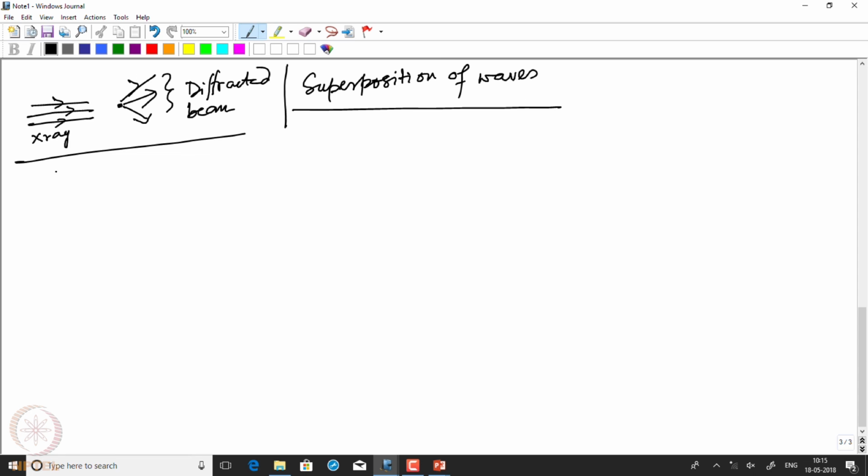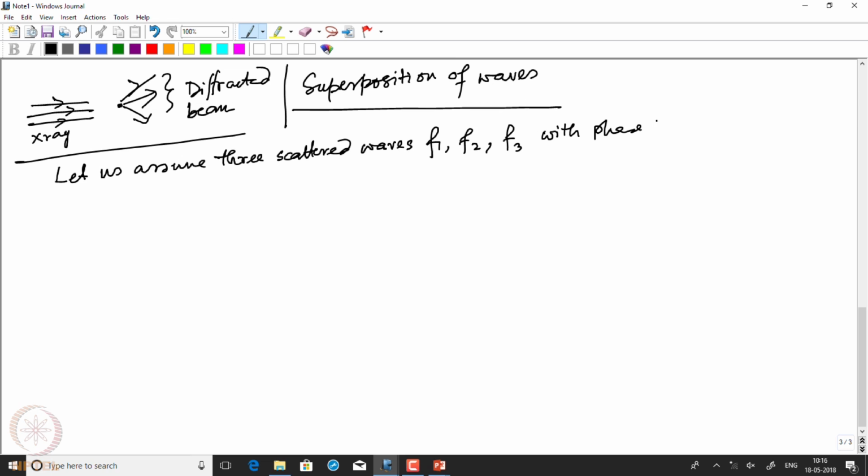So let us assume three scattered waves F1, F2 and F3 with phase angles delta 1, delta 2 and delta 3 are scattered simultaneously.